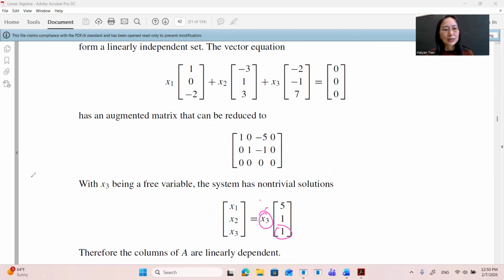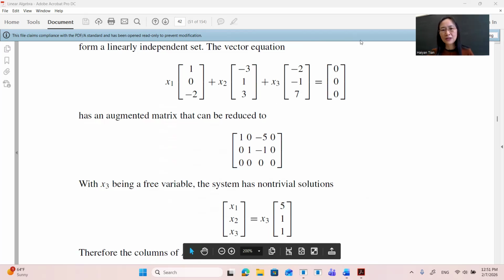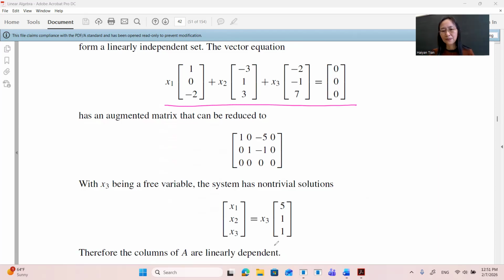So we have a linearly dependent set of columns. The 3 columns are linearly dependent because the homogeneous system has non-trivial solutions.